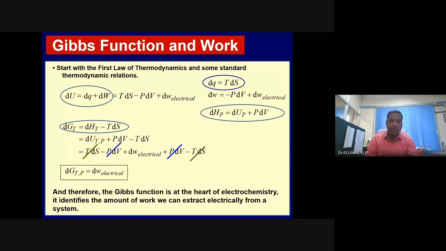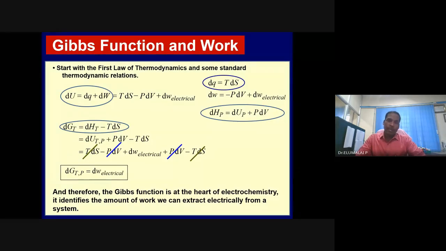Okay. So those are all the statements. And if you translate those statements into a mathematical version, these are the mathematical versions. The first law talks about the internal energy. The second law talks about the entropy.